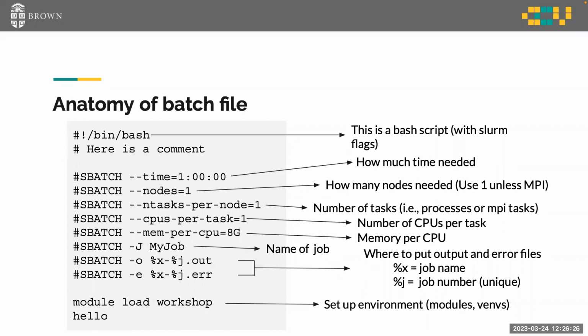When you run your actual executable, after you have the resources allocated, you use the srun command to say, run this command and make use of the available tasks for MPI. I'll show you what that looks like a little later on. And then finally down here, this is just where you run whatever your application is going to be.